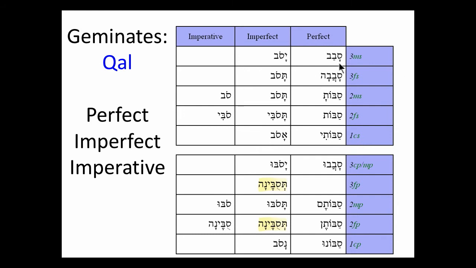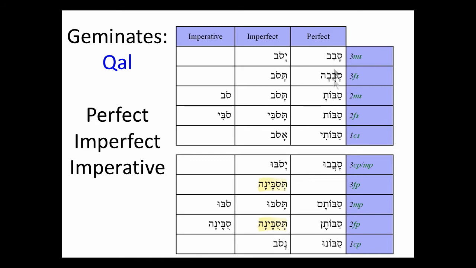Look, you either have it right next to each other, bet and bet, in these forms right here. When we get down to the second masculine singular, you still have it, you just have it with a dagesh. So pronunciation-wise, this would be sabbota. You'd pronounce the bet twice. This is a doubling dagesh.